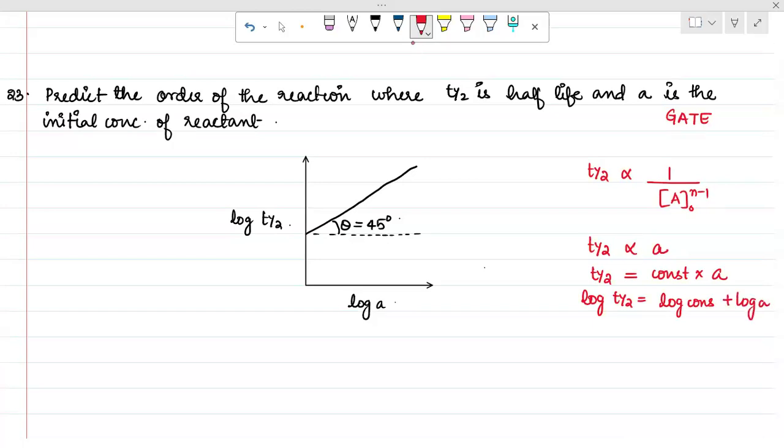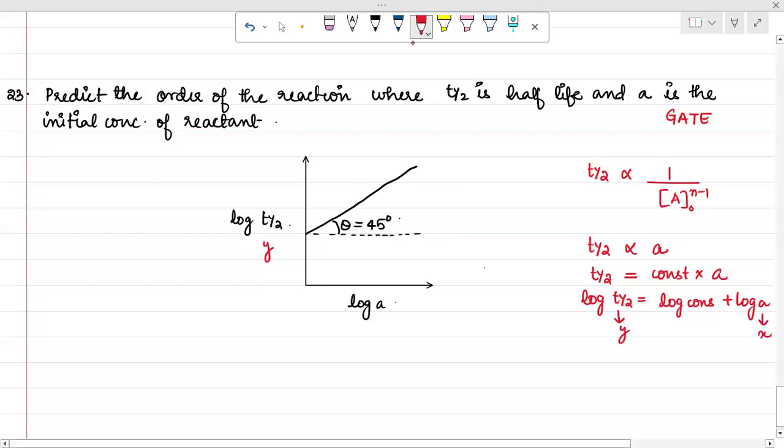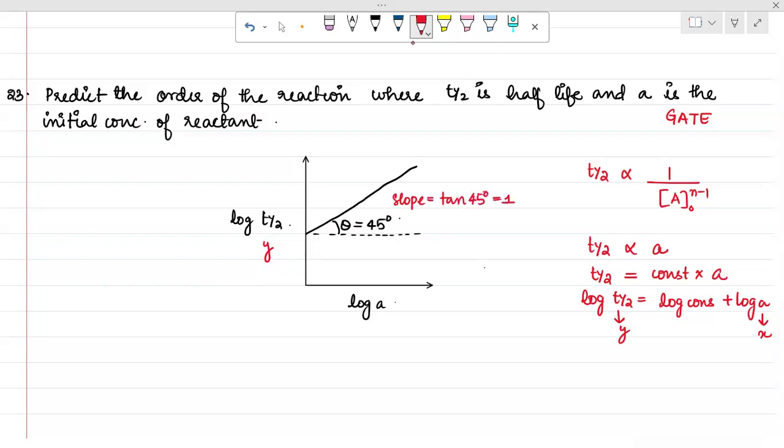Log of A into B is log A plus log B, correct? And that is a graph also. You have y term log T half, you have x term log A, and you have got a theta value of 45, meaning the slope of this graph is going to be tan 45 degree, which is equal to 1. The slope over here is also 1.